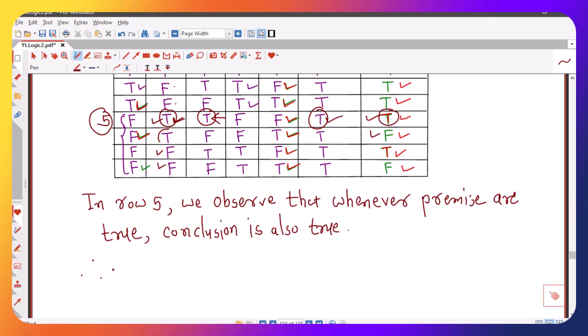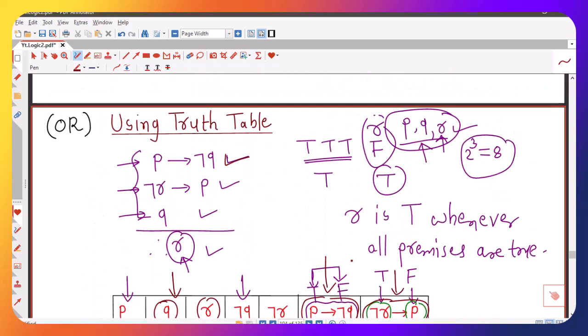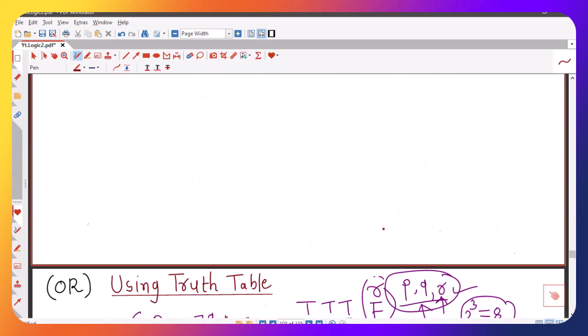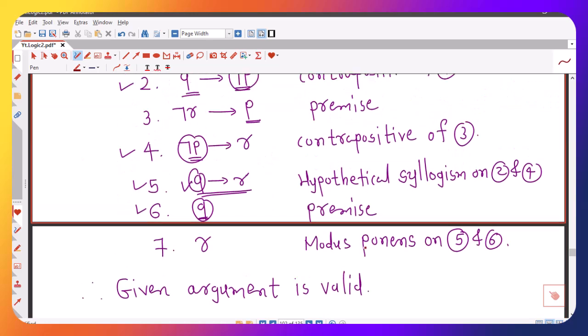So this means whenever premises are true, the conclusion is always true, therefore the given argument is valid. So this is another way of determining the validity of the same problem using a truth table.